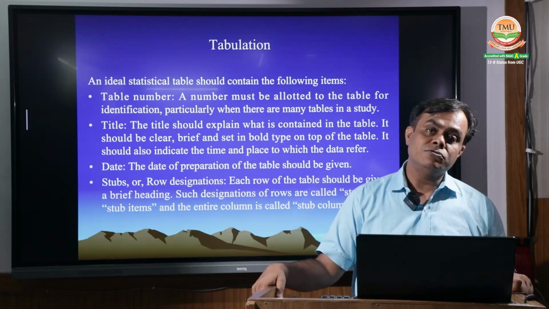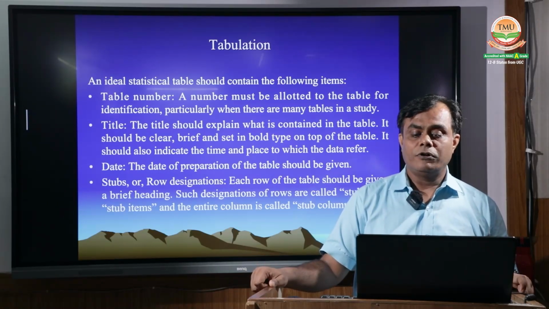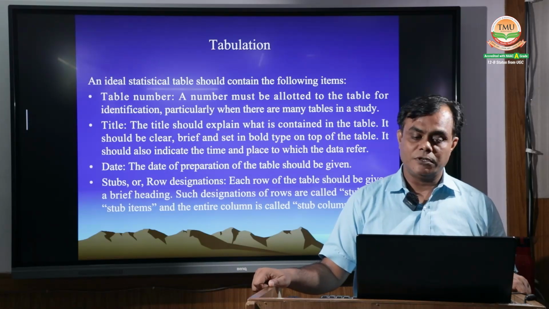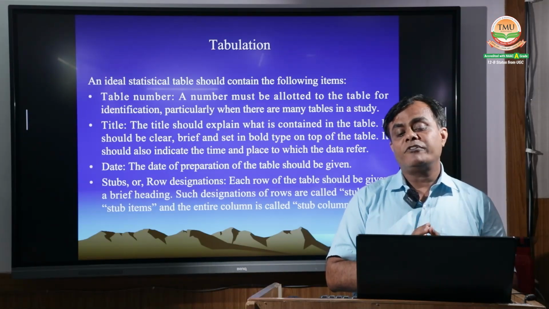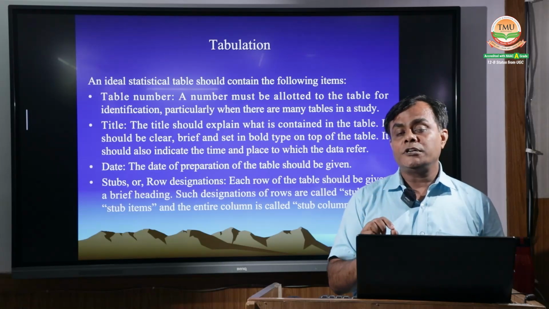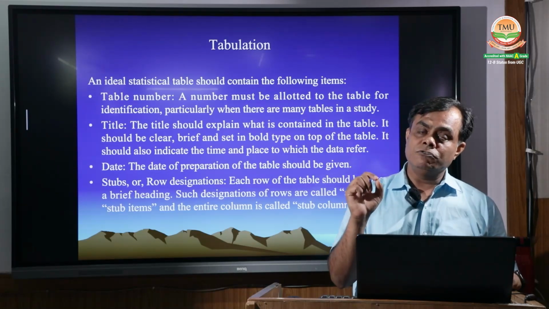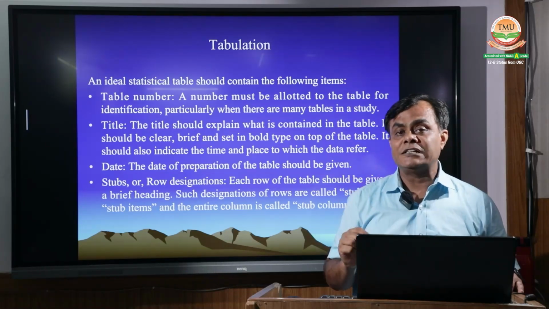The title should be clear, brief, and set in bold type on top of the table. Always use the title on top of the table, never on the bottom.